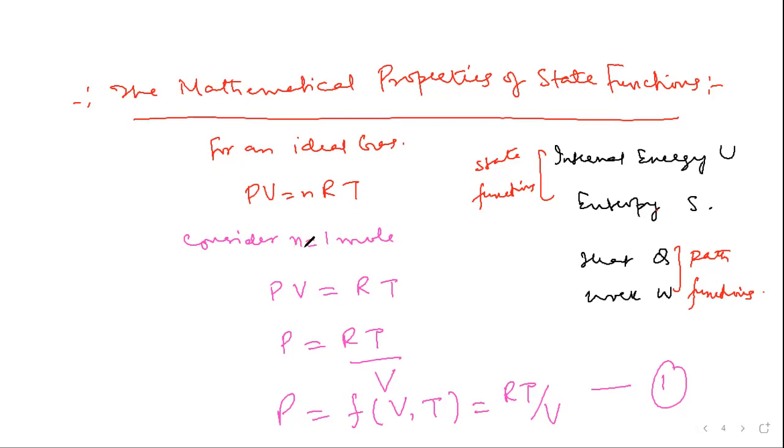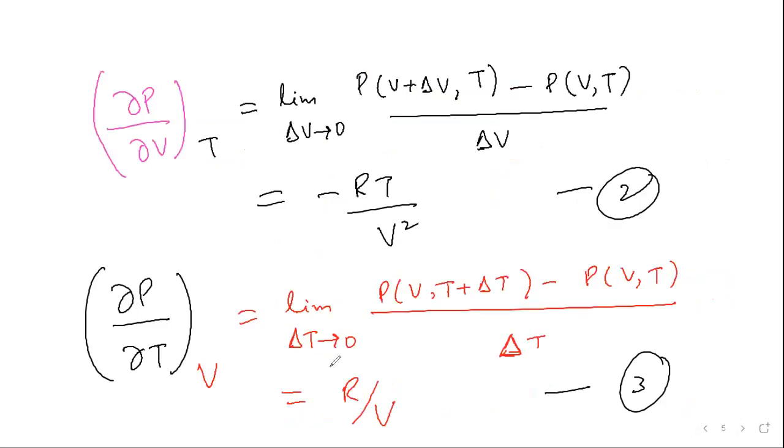For that, we took an ideal gas. We said let it be 1 mole. So we can write pressure as a function of volume and temperature, which is RT by V. Then we found the partial derivative of pressure with respect to volume, keeping temperature constant, which turned out to be minus RT by V square. Then we differentiated pressure partially with respect to temperature, keeping volume constant. It turns out to be R by V.